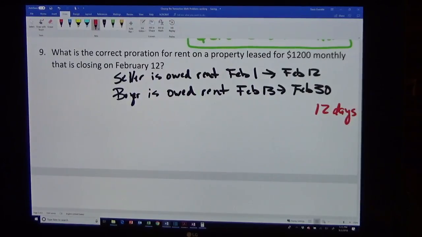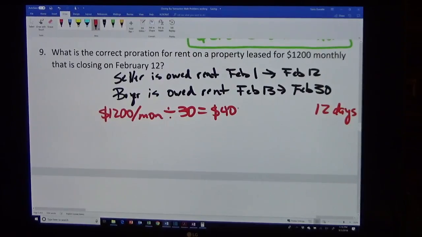We always do the seller side. The rent is $1,200 per month. So we can divide that by 30 days to get it down to daily. $40 a day times 12 days is going to be $480.